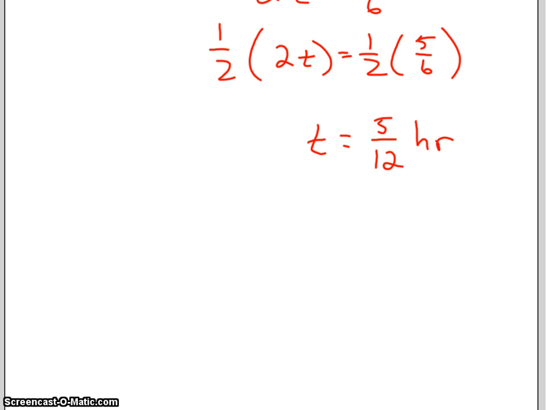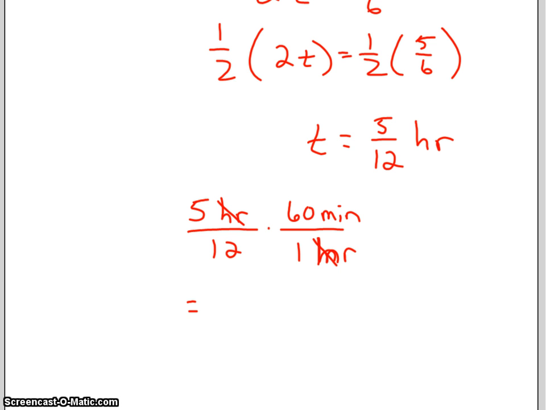So if we wanted to figure that out in minutes, we would do a conversion here. So 5 hours over 12. Let's convert this to minutes. So we want to cancel out the hours. So basically multiply this by 60 minutes here. So 5 times 60 over 12.